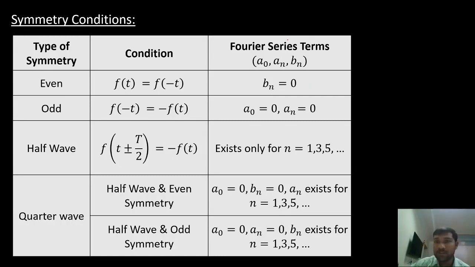We already know the formula for An or A0. A0 is equal to 1 by T integral 0 to T f of t dt. That is my A0.